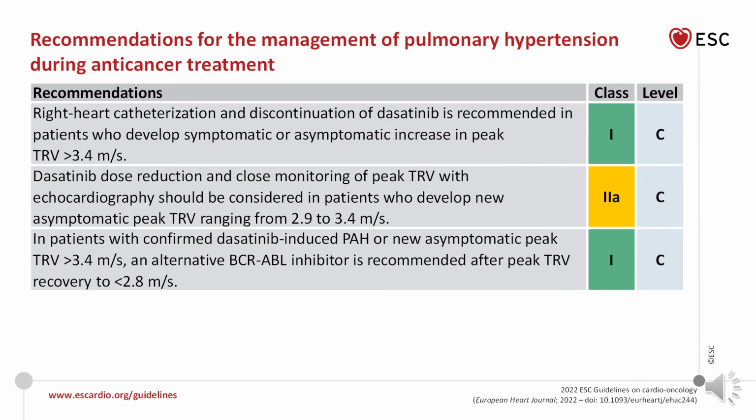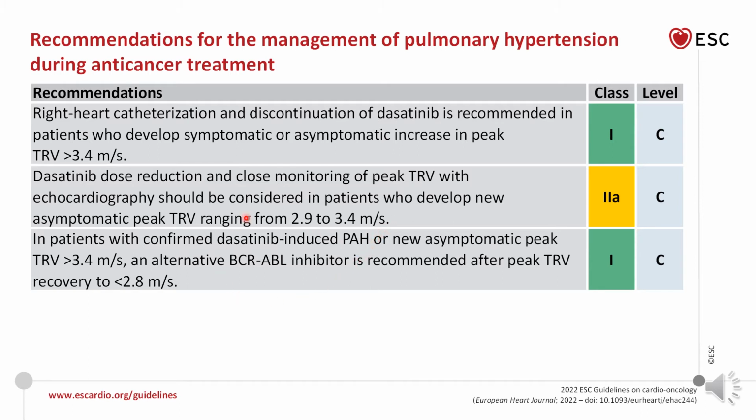So, what should we do if we detect pulmonary hypertension in a patient taking dasatinib? We should stop treatment if the tricuspid regurgitation velocity is more than 3.4 meters per second. We might consider halving the dose of the drug at a tricuspid regurgitation velocity between 2.9 and 3.4 meters per second.